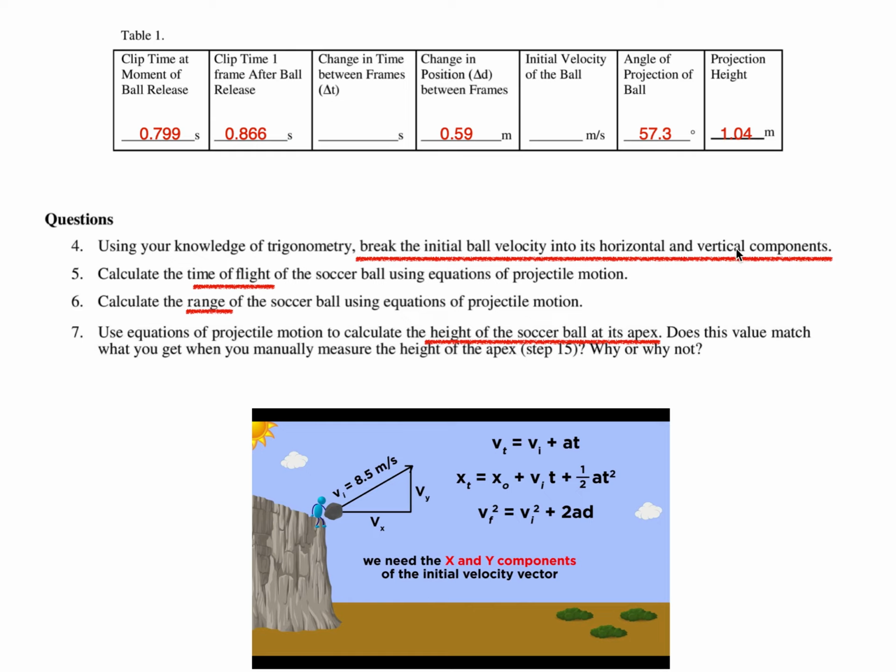We're going to use sine and cosine. And also calculate the time of flight, the range, and the height of the soccer ball at its apex. Those are typical questions for each exercise, and equations will be provided later. You're going to use those equations and those numbers to calculate and answer the questions.